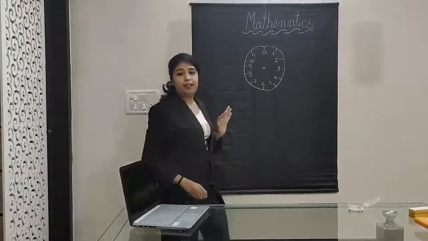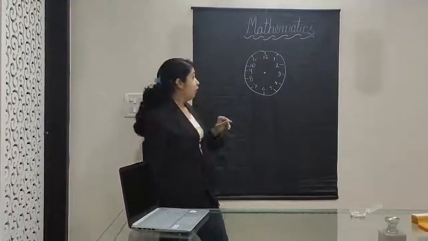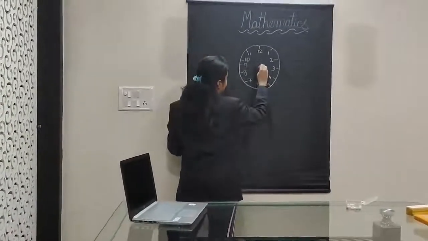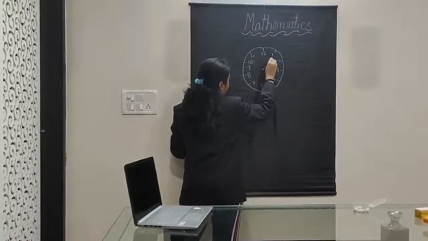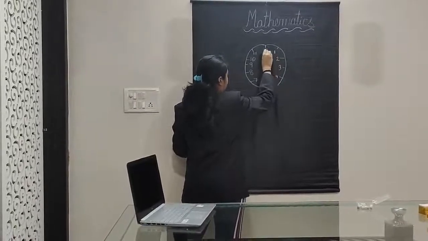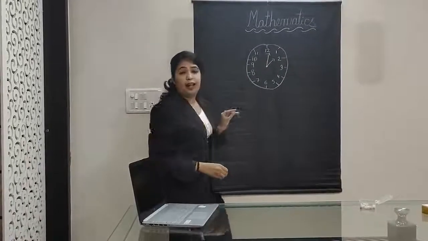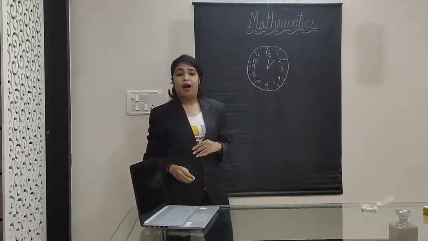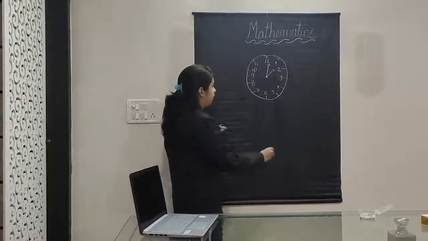How many hands have you seen in the clock? There are 2 hands. One is short and one is long. The short hand is known as the hour hand and the long hand is known as the minute hand.